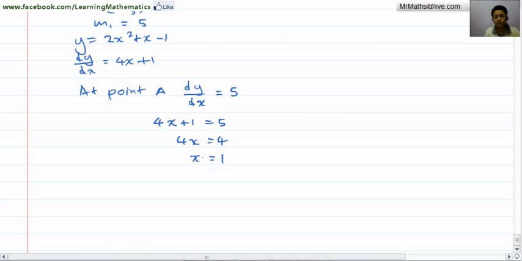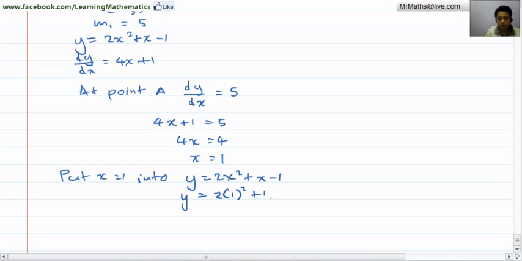Then we put x equal to 1 into the equation of the curve, which is y equal to 2x squared plus x minus 1. Then y is 2 times 1 squared plus 1 minus 1, so the 1 minus 1 is gone. Now it's left with 1 squared, multiplied by 2, then it's 2.